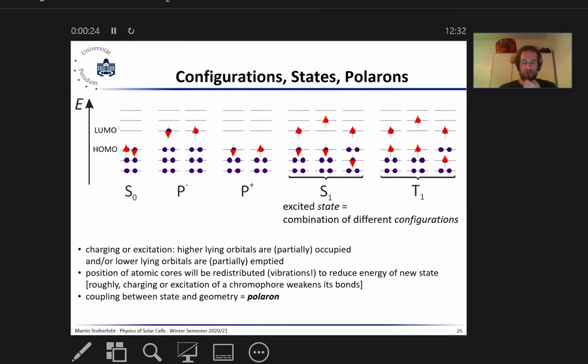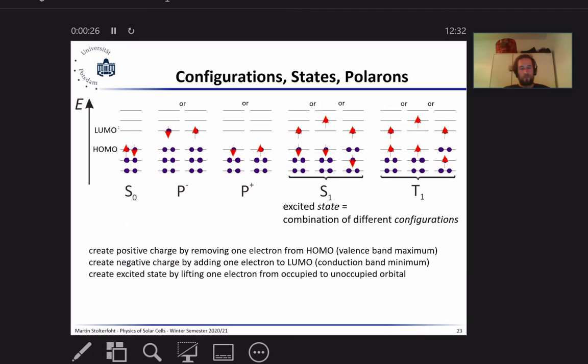Yeah, you're right. Typically, conjugated polymers are either hole or electron conductive.